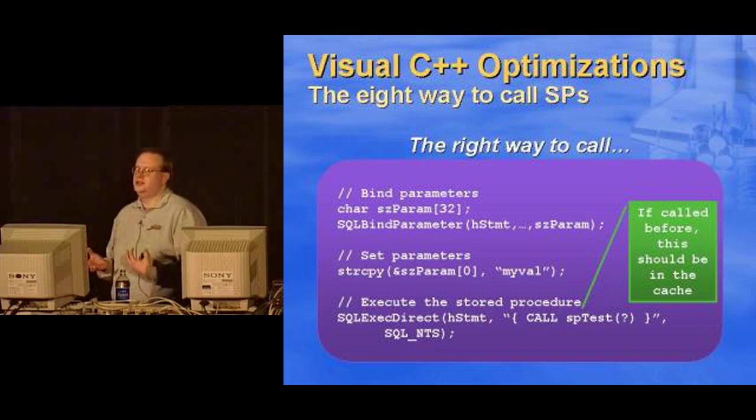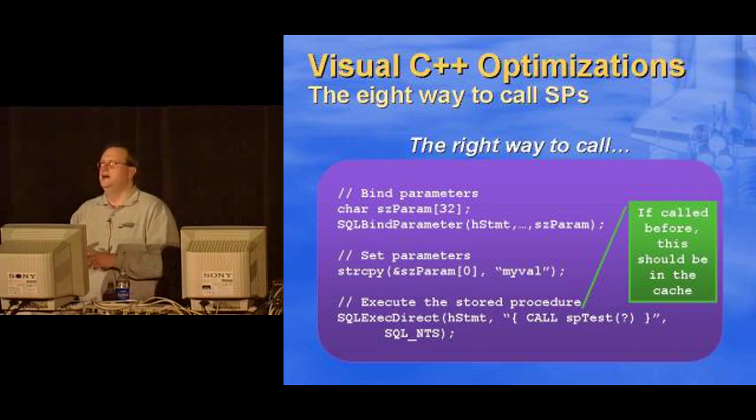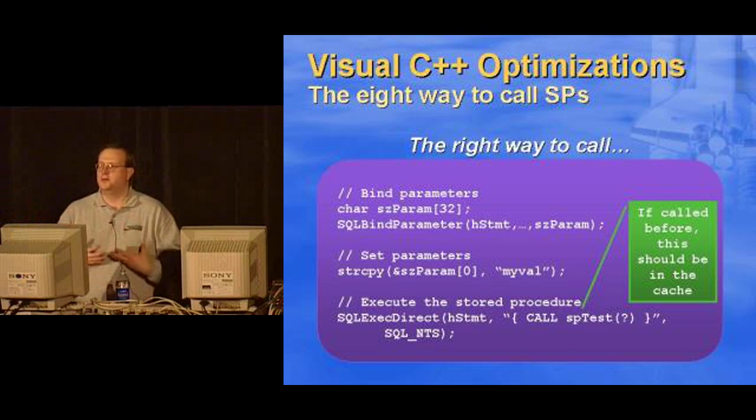And effectively, when you do this, what are you doing? Well, you're telling it the ordinal of the parameter, the data type, how big the data is, a number of things. All of that goes off to SQL Server, so it now knows every time you put a value into that parameter, it's going to be within a known range, known value. So therefore, it doesn't have to recompile.